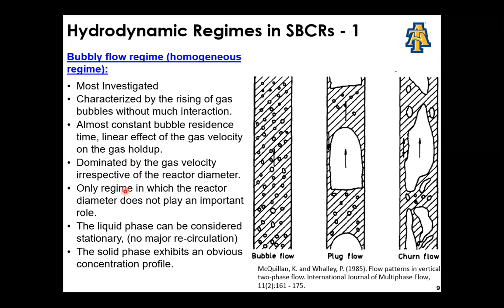The gas holdup is radially uniform. Therefore, bulk liquid circulation in the homogeneous regime is insignificant. The size of the bubbles in our homogeneous regime depends mainly on the size of the gas distributor and the physical properties of the liquid. Let's go over and talk about our plug flow regime.